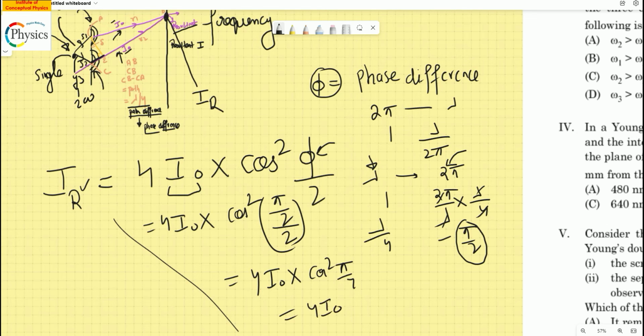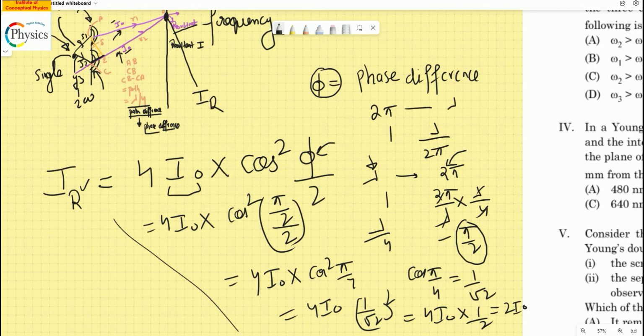What is cos pi by 4 equal to? Cos pi by 4 is equal to 1 by root 2. So 1 by root 2 whole square is 1 by 2, giving 4I naught multiplied by 1 by 2, which is equal to 2I naught.